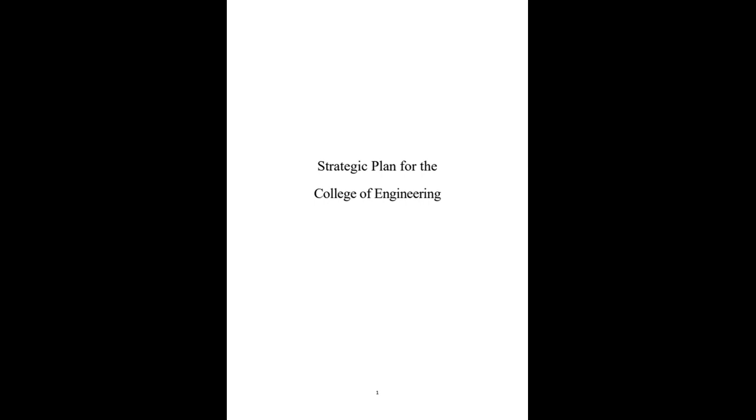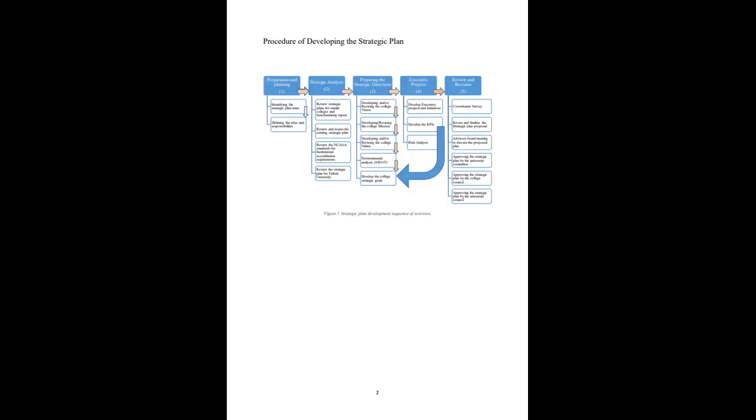Okay, the case was a strategic plan for the College of Engineering. We began on that document in 2018. We applied these phases to develop the strategic plan, which is similar to the process with maybe some more details here.